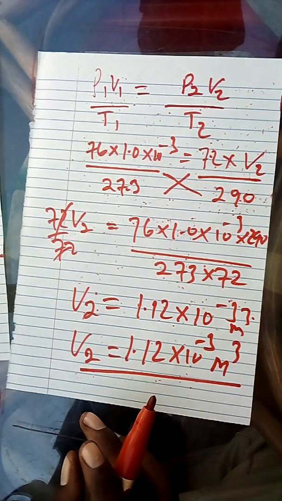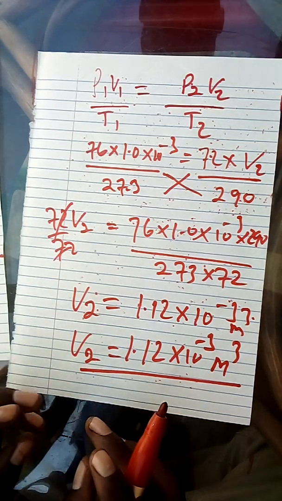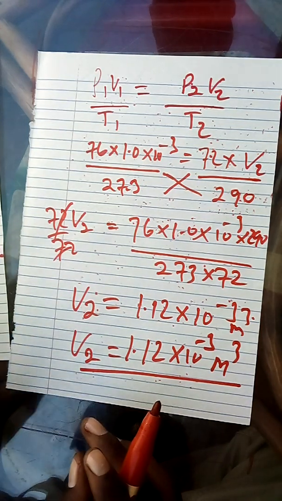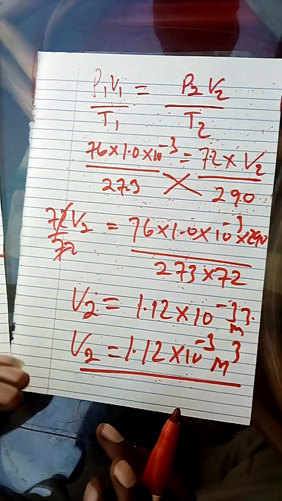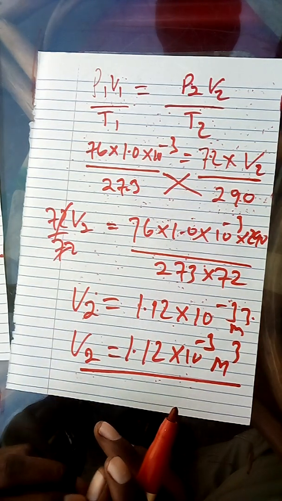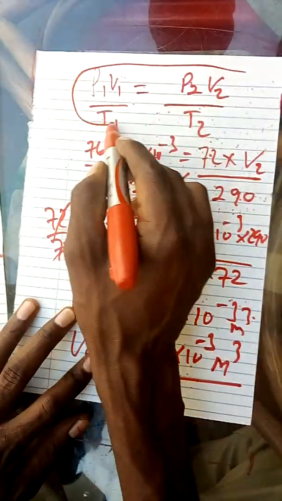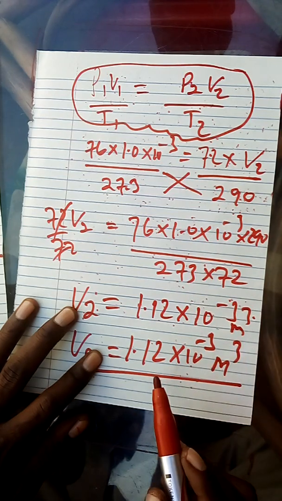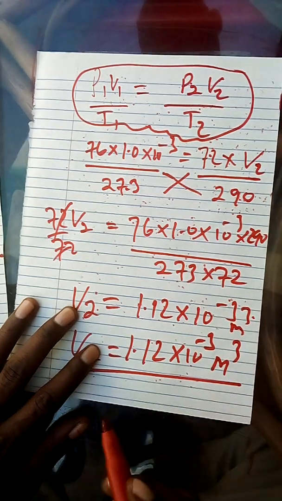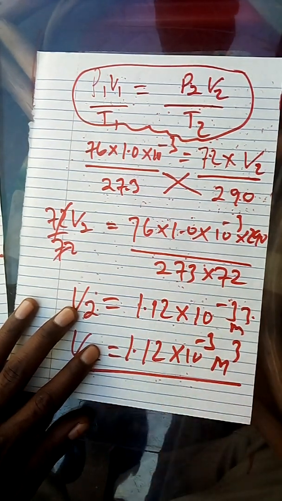If you find there is a variation between pressure and volume, that is Boyle's law. And if you find pressure and temperature, that is the pressure law. But if all the factors are involved, we're talking about the general gas equation, and here it is: P1 V1 over T1 is equal to P2 V2 over T2. That's how we use the general gas equation.